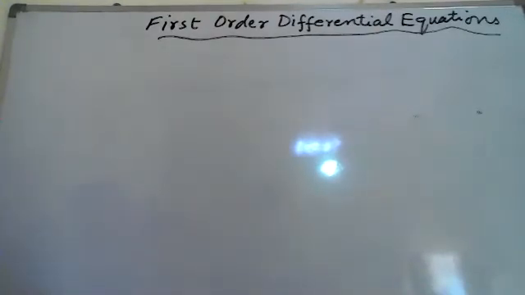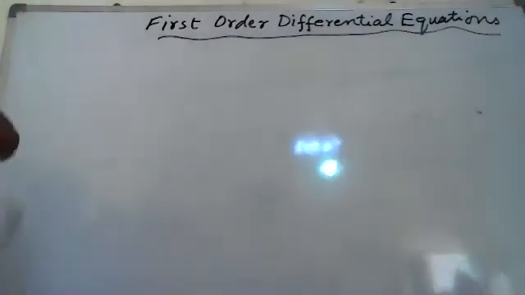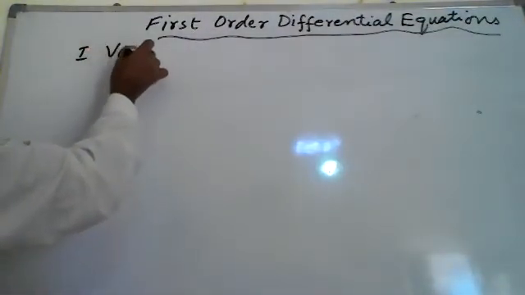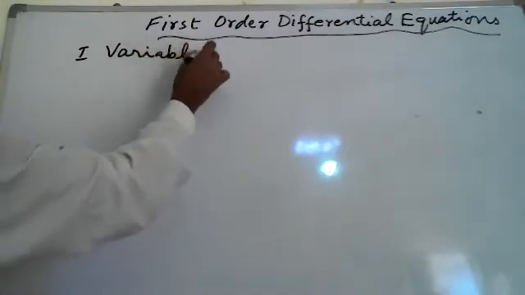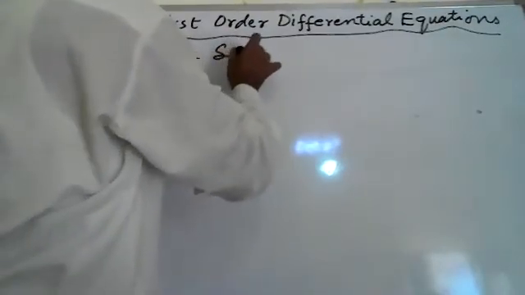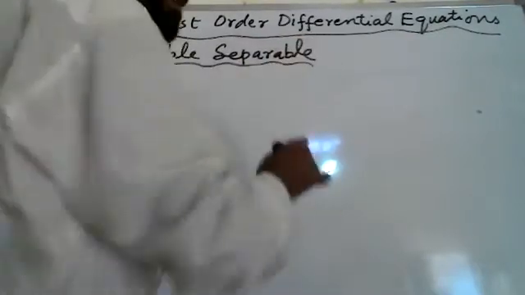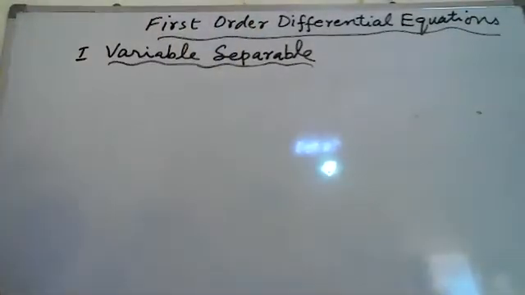First order differential equation means the equation which involves first order derivatives. Those are called first order differential equations. So the first type of first order differential equation is variable separable.